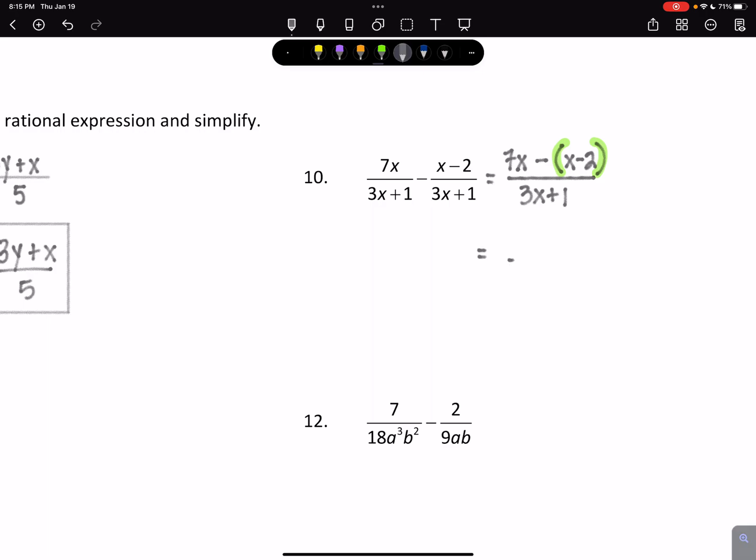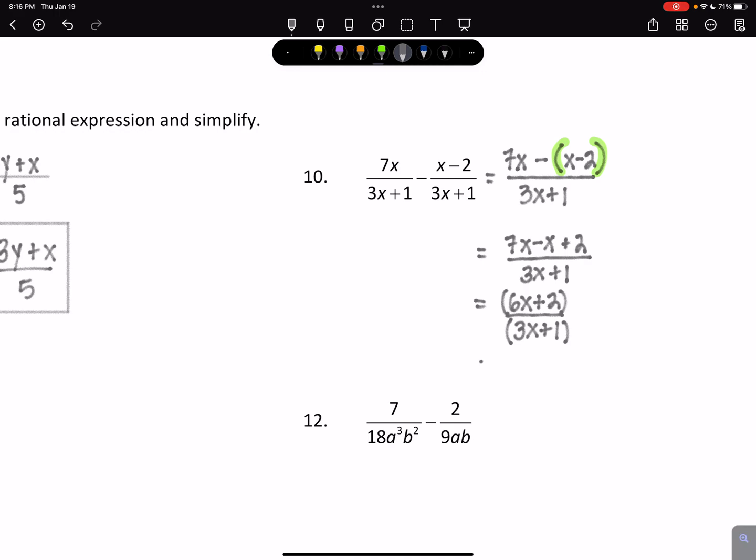And I'll show you that right here. We keep the denominator of 3x plus 1, and then I have 7x minus x plus 2. And 7x minus x is 6x plus 2 over 3x plus 1. Now, 6x plus 2 is grouped and 3x plus 1 is grouped.